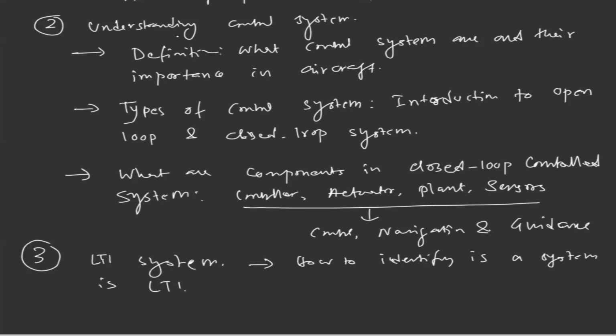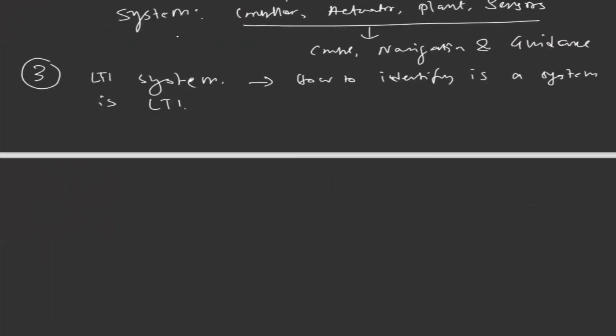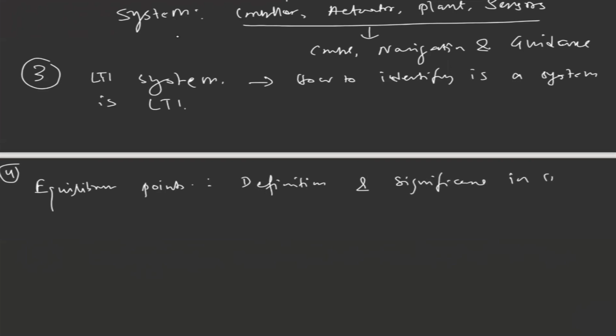And then the next part we have discussed is the equilibrium point. That is one of the most important parts in designing the control system. Here we have discussed the definition of equilibrium point and its significance in the control system.